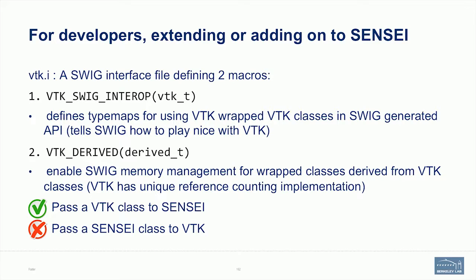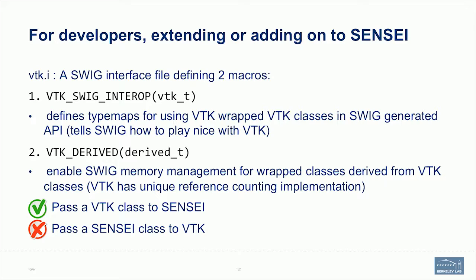For developers, such as somebody writing a new analysis adapter or a new data adapter, if you're writing it in C++ and you want it to show up in Python, we have this vtk.i file, which tells Swig the commands to do the wrapping. And this vtk.i has some macros, some Swig macros that we made to simplify the process of getting a new data adapter or analysis wrapped.